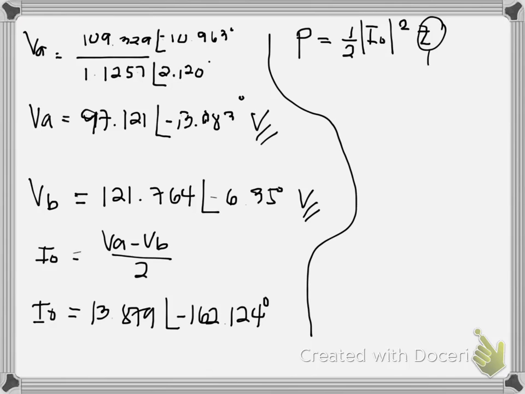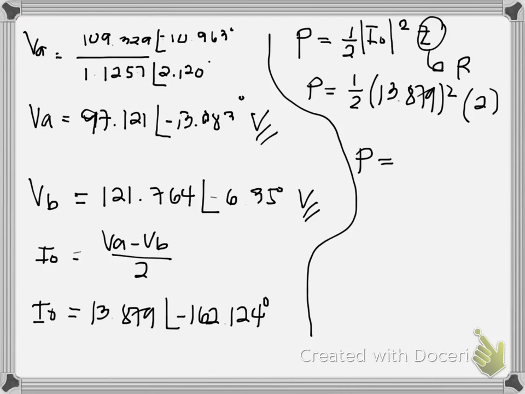So for our Z, we have a value of R only, and so we have P equals 1/2 times, take only the magnitude of your current, 13.879 squared times resistance, we have 2.